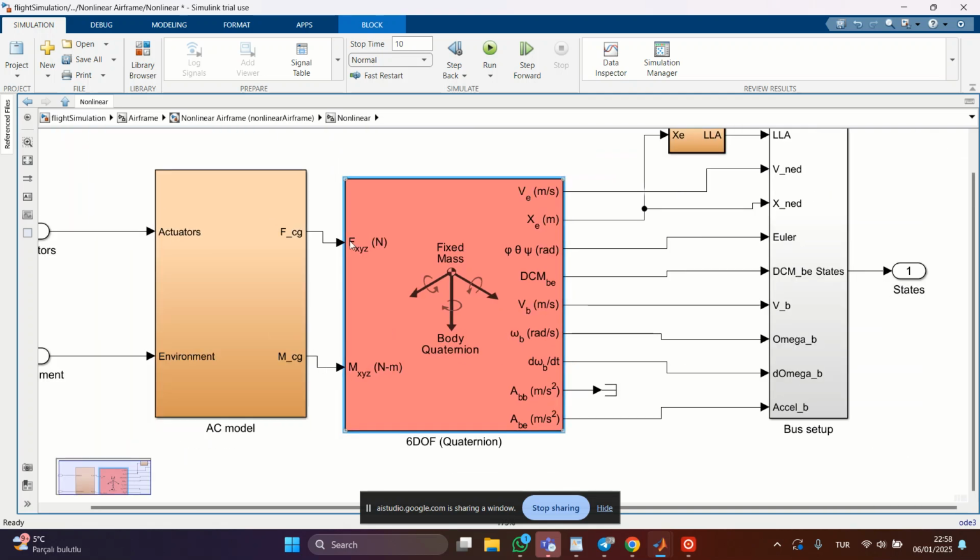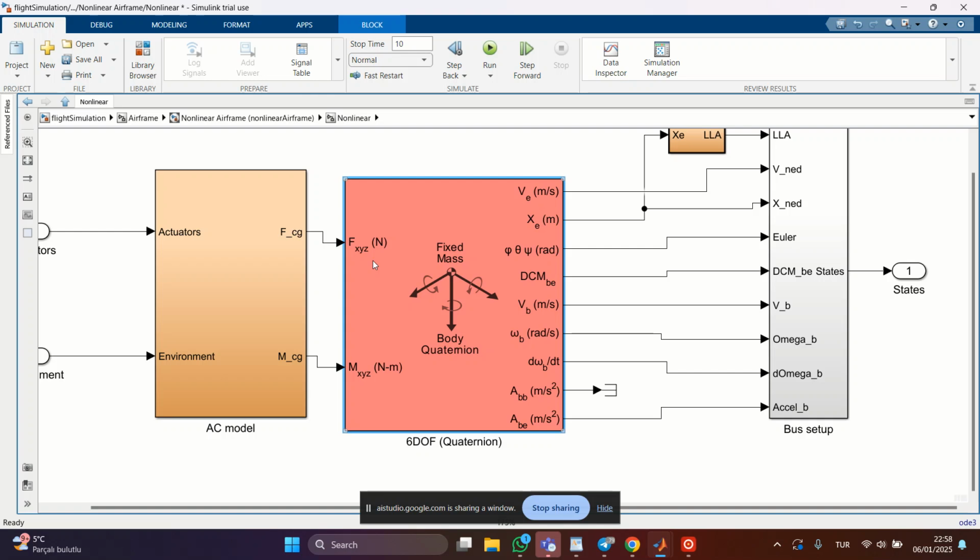So we left off where you explained what F_CG is and M_CG means, with the Newton, or Newton meters. So what does Newton mean here? Okay, it looks like you're reviewing a Simulink model.